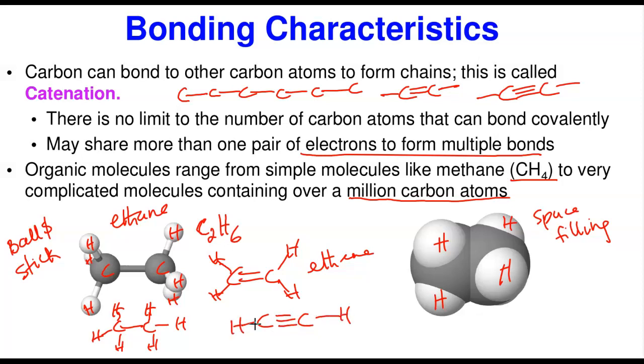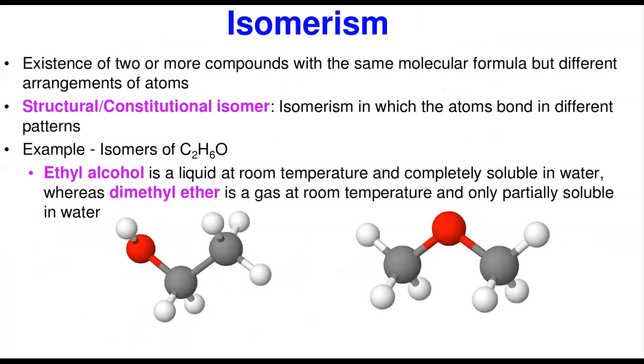The most important thing about carbon here, like we did in the review module, is that carbon must satisfy the octet rule of having 4 bonds. If you look at this, 1, 2, 3, 4, 1, 2, 3, 4, 1, 2, 3, 4. Carbon must have 4 bonds attached to it, whether as single bonds, as a triple bond, or as a double bond.